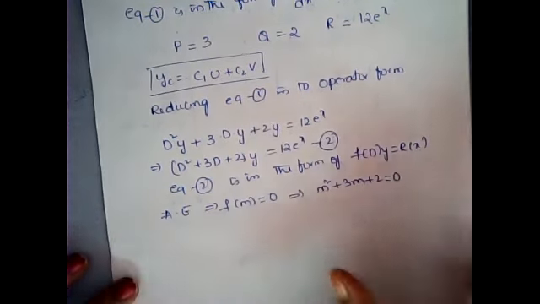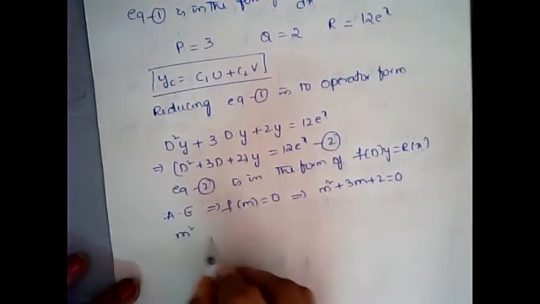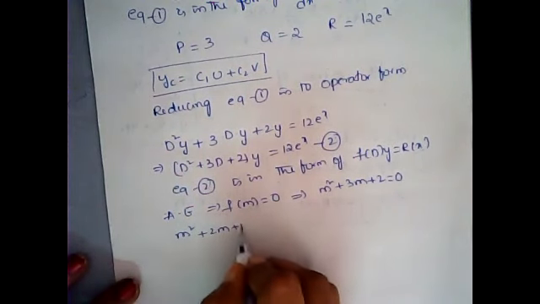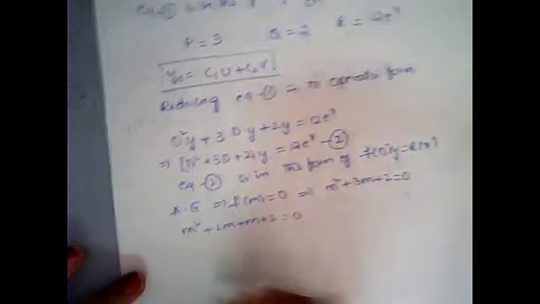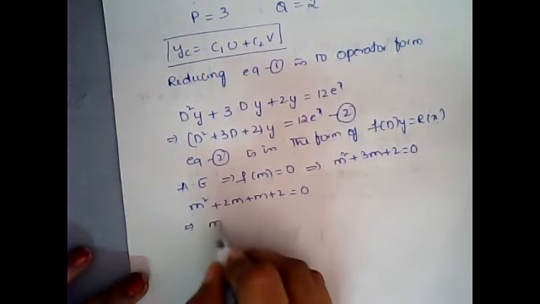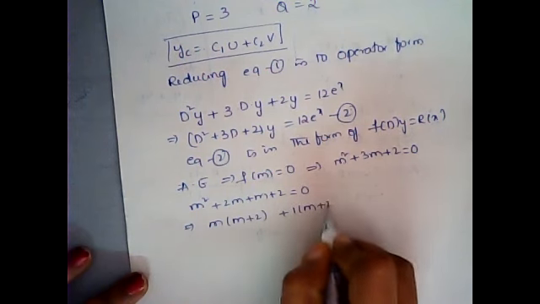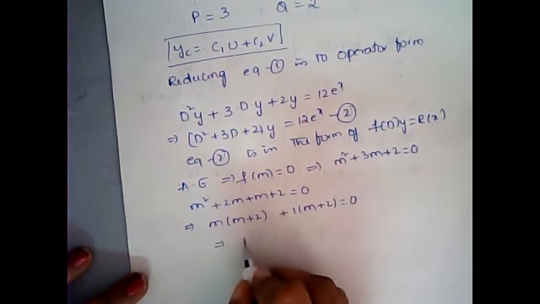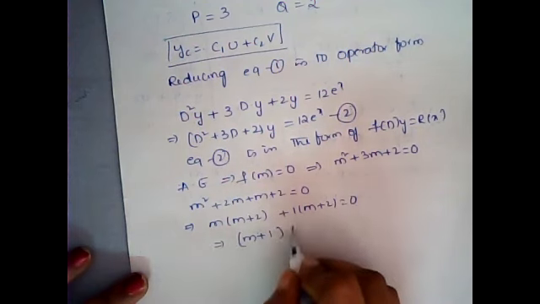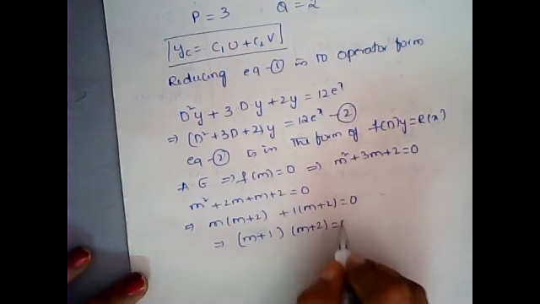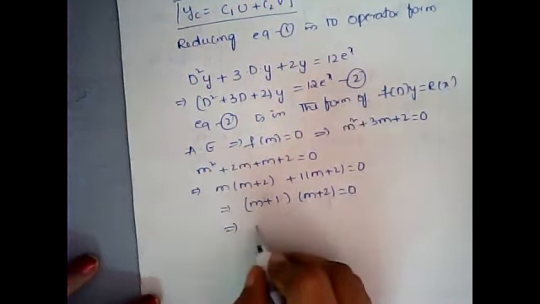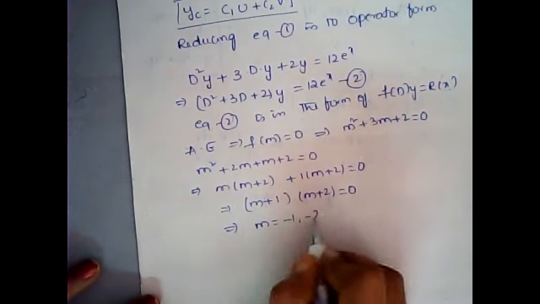Now reduce it into factors: m squared plus 2m plus m plus 2 is equal to 0. Reducing into factors, m into (m plus 2) plus 1 into (m plus 2) is equal to 0. So the factors are (m plus 1) and (m plus 2) is equal to 0, where the roots of m are minus 1, minus 2.